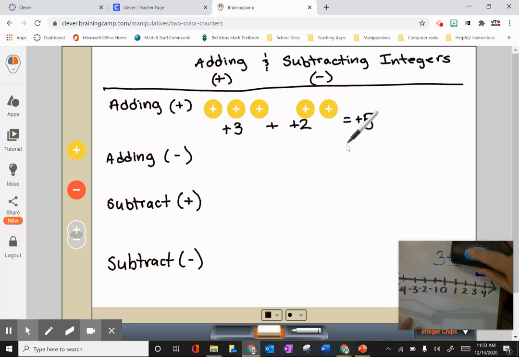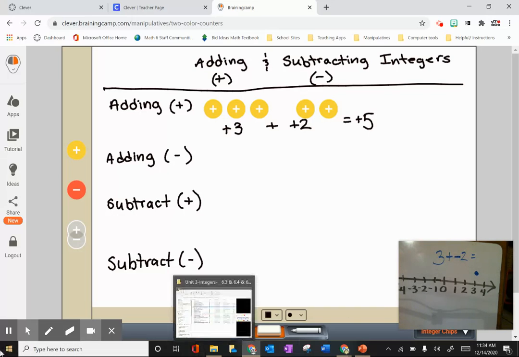Where it gets a little tricky is when we change this number to adding a negative. We want to add a negative to positive 3. How does that change how we do this?